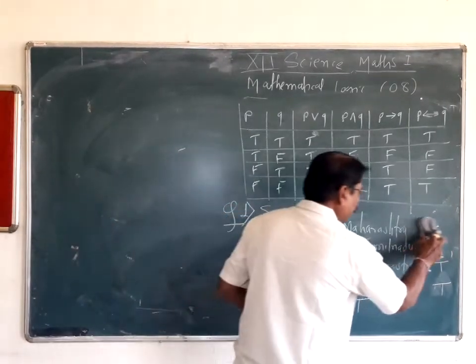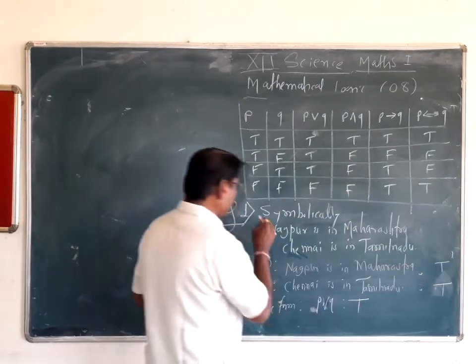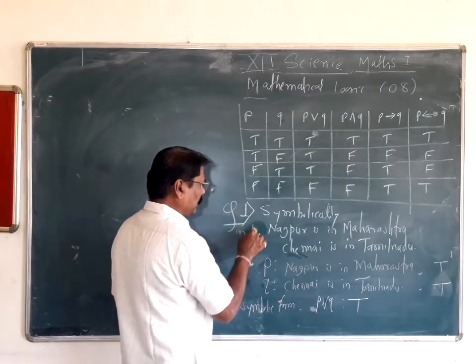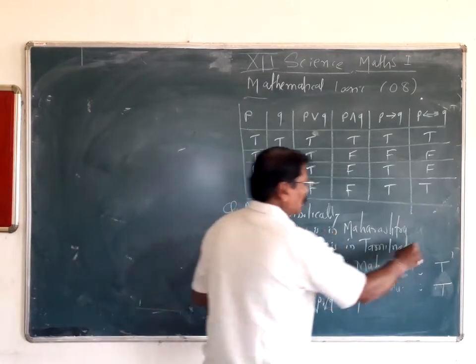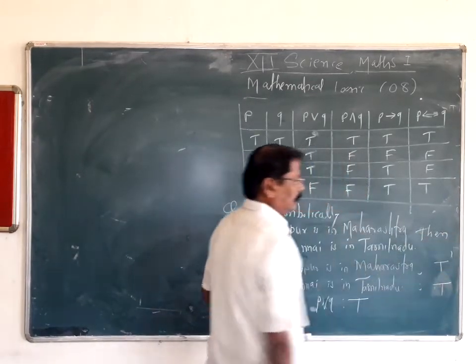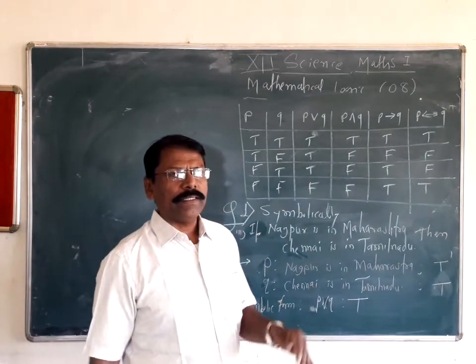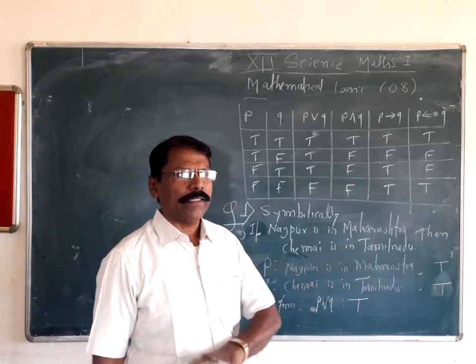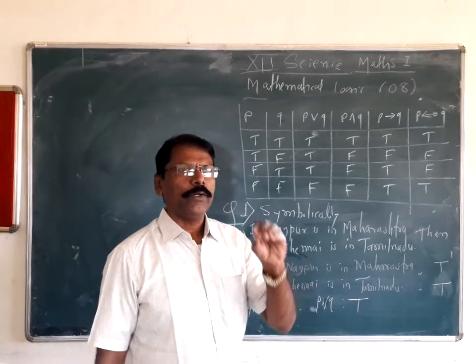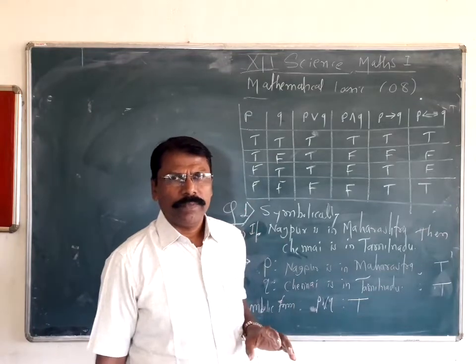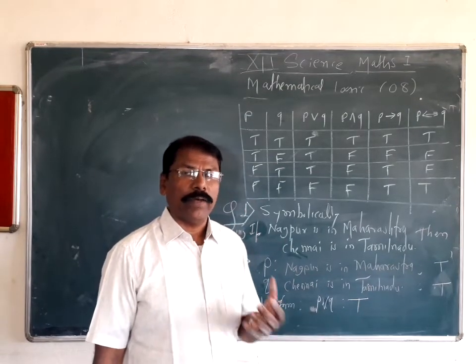Again, if I convert it in terms of if: if Nagpur is in Maharashtra, then Chennai is in Tamil Nadu. See, it is immaterial whether the statement is true or false. It doesn't matter. We just represent the symbolic form, and after that we decide their truth values.